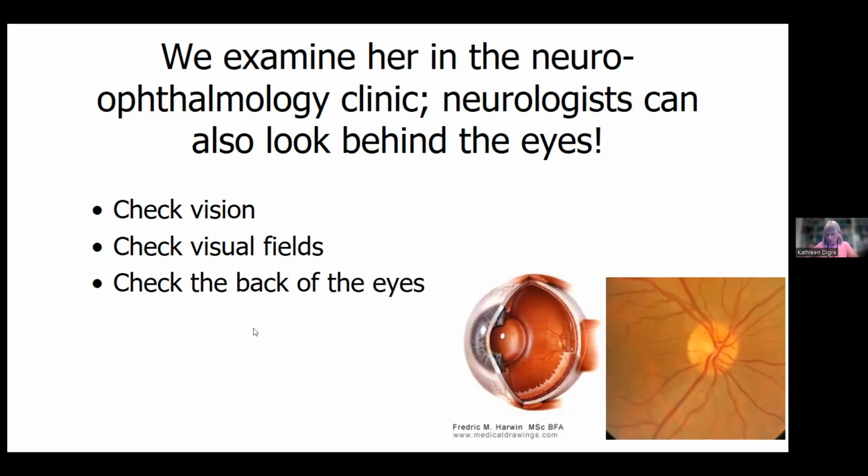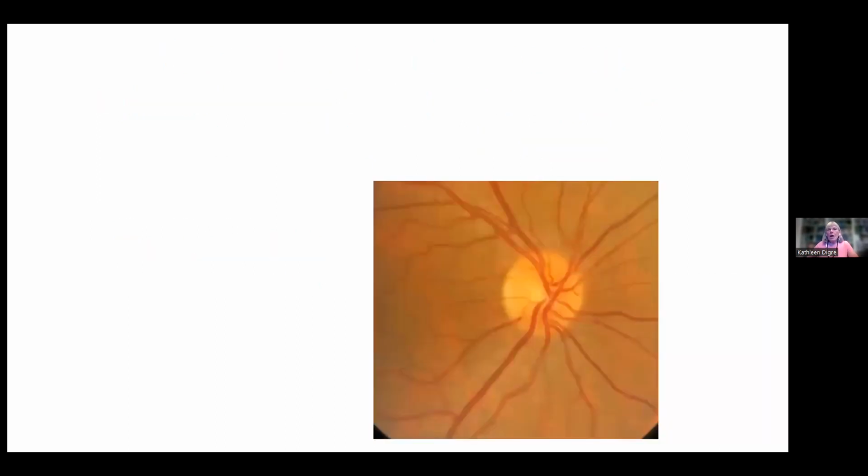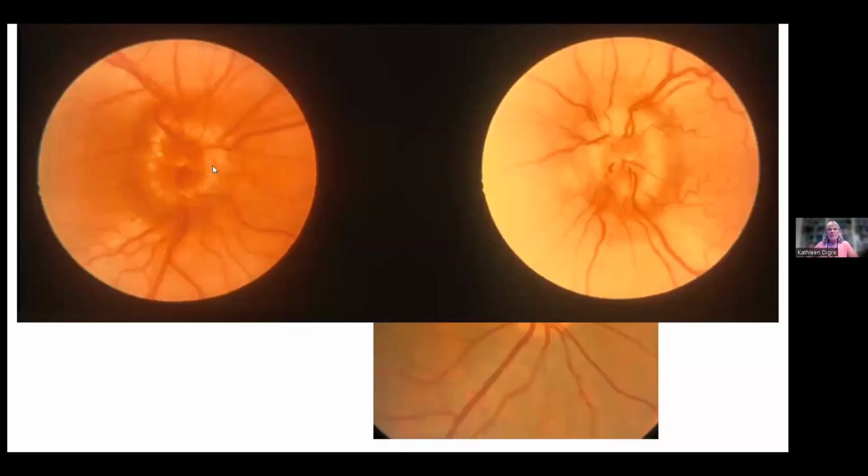It should be normal. But when we go to Sharon, we see that she has these swollen optic nerves. Now, we look for swelling by looking to see that it's raised around the entire disc. Even the blood vessels are sort of draped over the disc.